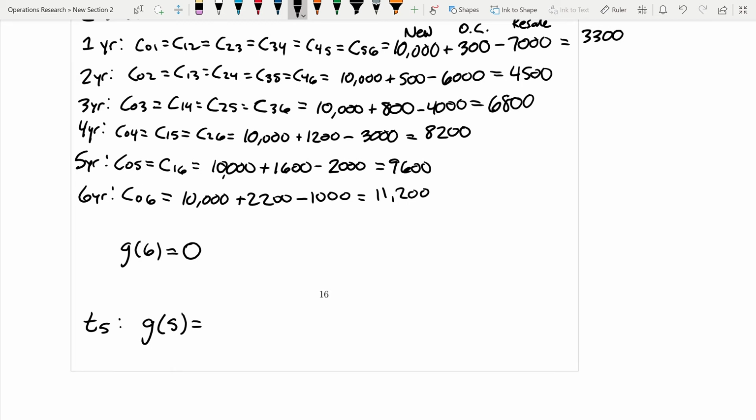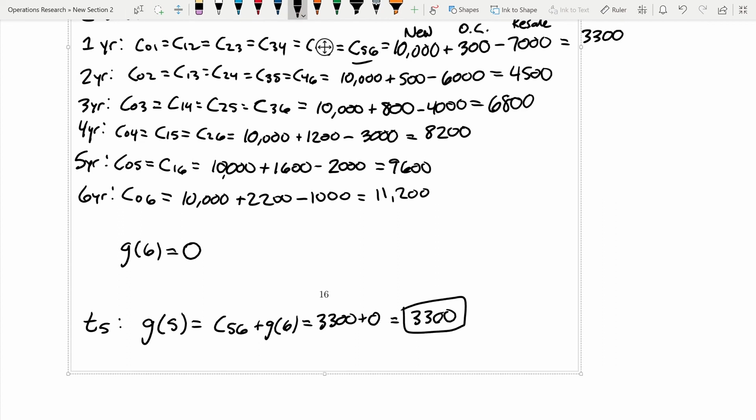And there's only one thing we can do at g of 5, which is go from 5 to 6, and then add on g6 at the end, which from 5 to 6 up here is just going to be 3,300 plus 0 for g of 6 gives us 3,300. And that's our best option, our only option. So if we buy at time 5, we should sell at time 6.